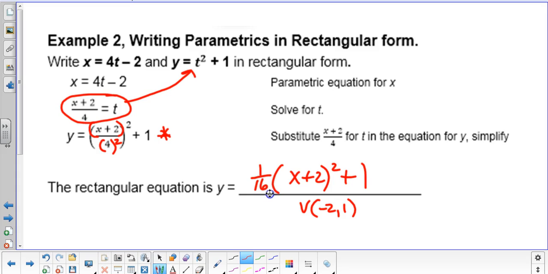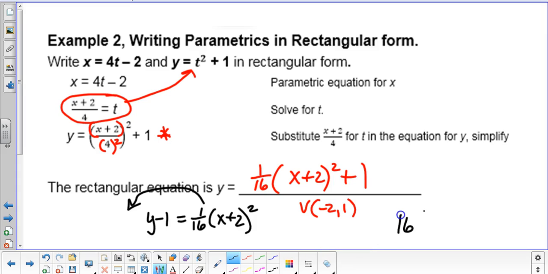Okay. The form we used recently, follow me here, we would subtract the 1 over to the other side, so we'd have y minus 1. And then we actually moved this over to this side, so we'd multiply by 16.